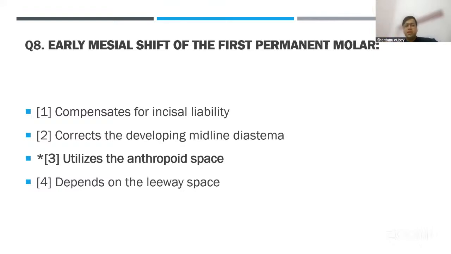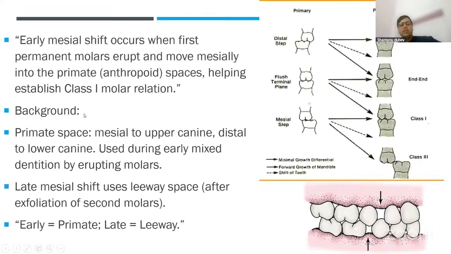So how can early mesial shift of first permanent molar be utilizing the leeway space when the successors, which would provide the leeway space, have not yet erupted? Of course. See, the only option left is anthropoid space, which is the simian space. Primate space, simian space, anthropoid space is just one and the same thing.